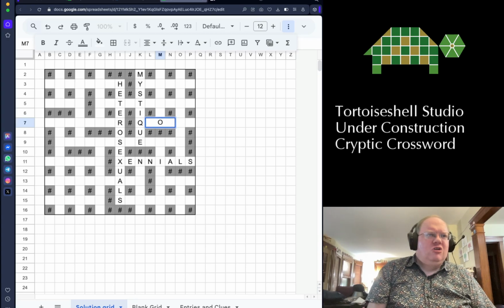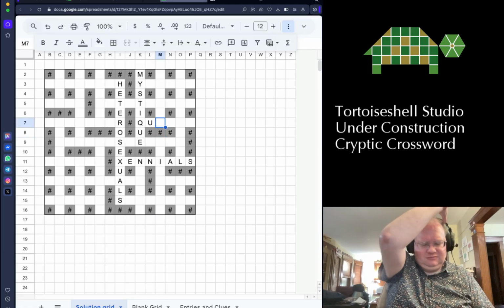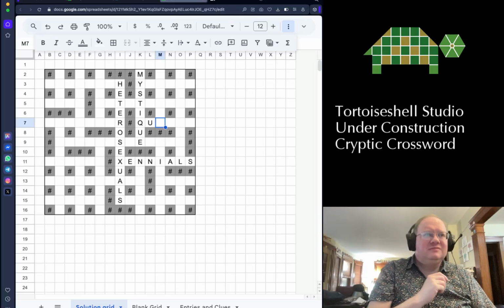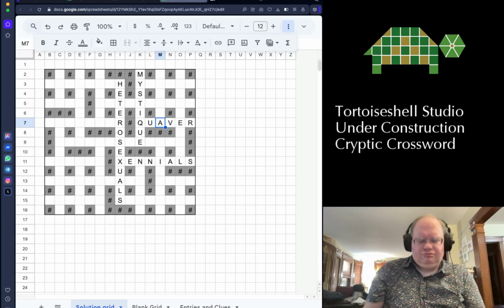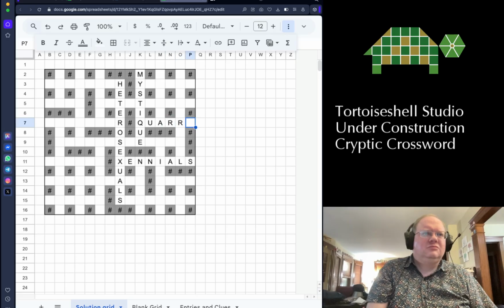Like an O or an A would be easier to end with than an I. Quaver could be like a... Quarry might be a double definition.